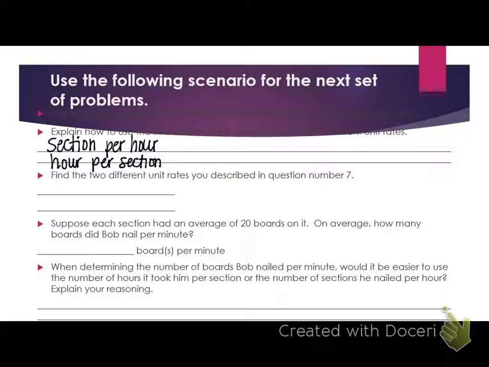If we looked at the first, which is sections per hour, we can figure out 2/9 of a section in 1/10 of an hour. So to find the unit rate, you would divide by 1/10. 2/9 divided by 1/10. Because anything divided by itself would give us 1. And 2/9 divided by 1/10 is 2 2/9.